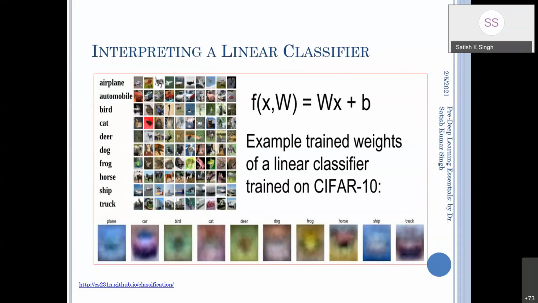And any unknown sample which is nearest to any one of these 10 representative samples will be predicted as that class. So this is a very simple process.